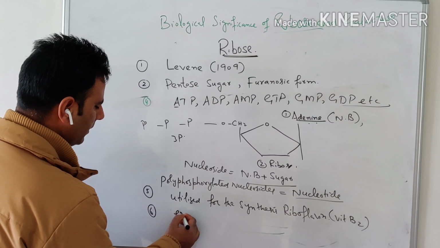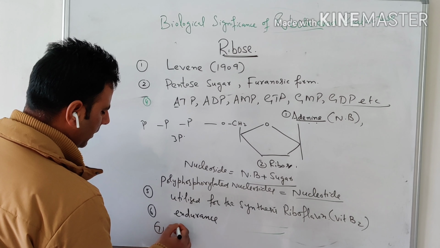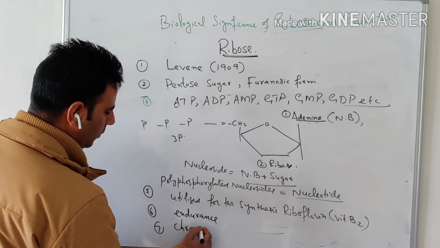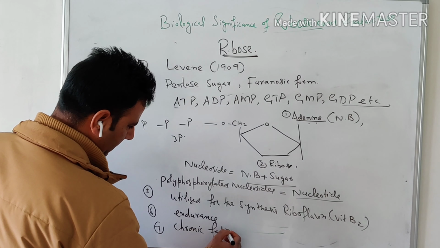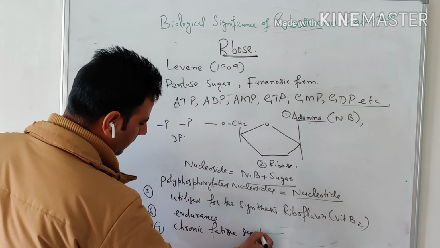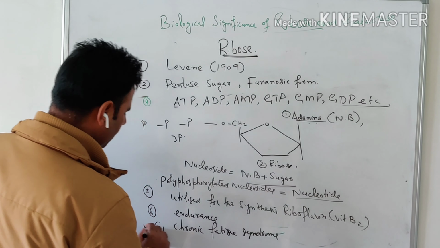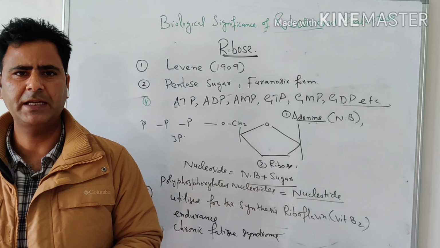So for endurance, it can be used. And we have a disorder which is known as chronic fatigue syndrome. We can give this ribose in chronic fatigue syndrome.